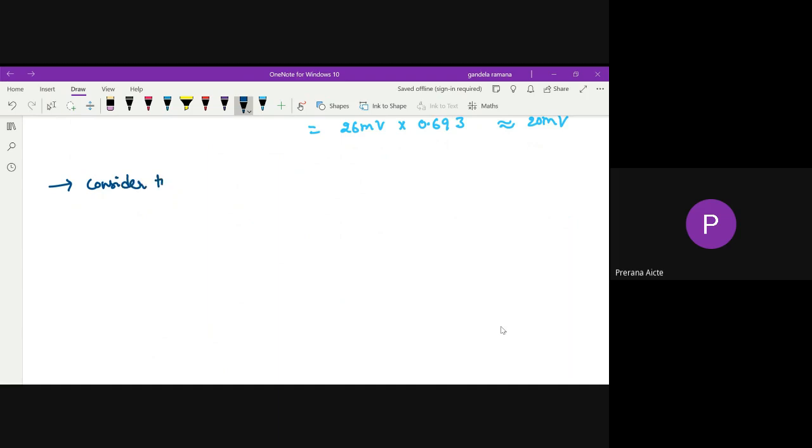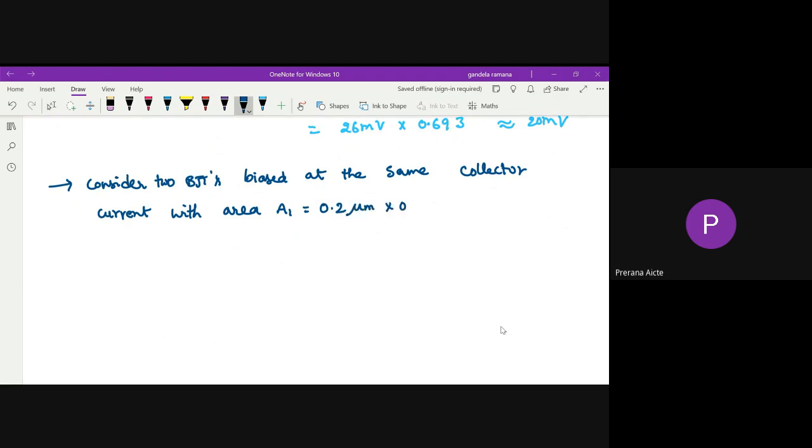Consider two BJTs biased at the same collector current, with areas A1 equal to 0.2 micrometer into 0.2 micrometer and A2 equal to 3 micrometers into 3 micrometers.